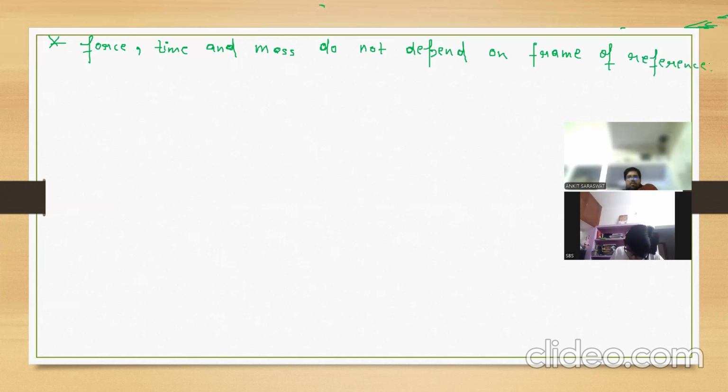Frame means, for example, if you are going to your school from your home, then your mother is the observer. You can say frame is a place where the observer is standing. If I am sitting in this room, my frame is this room only.